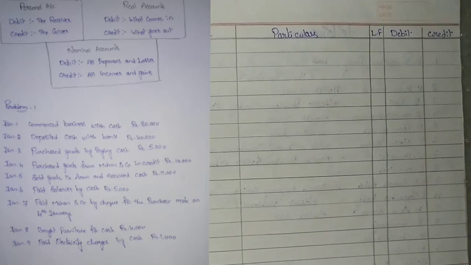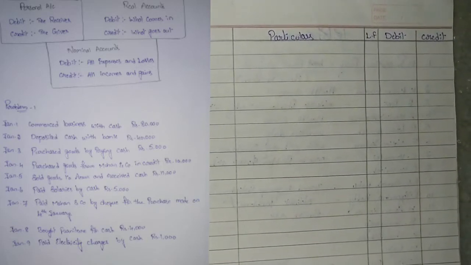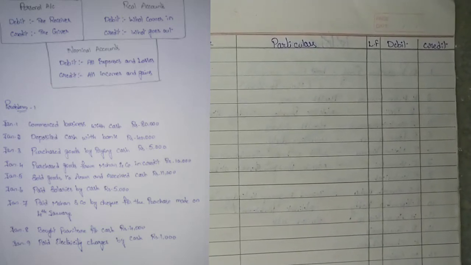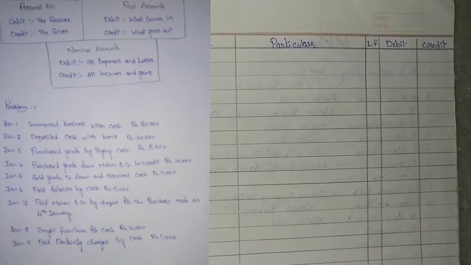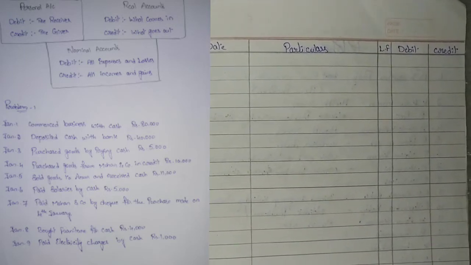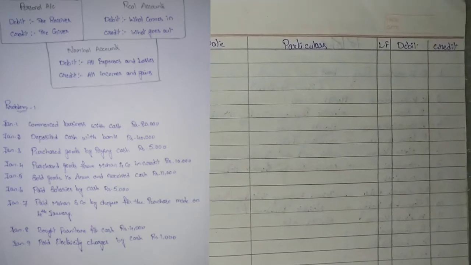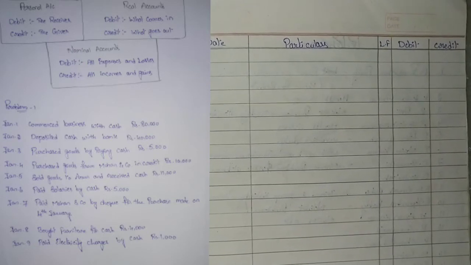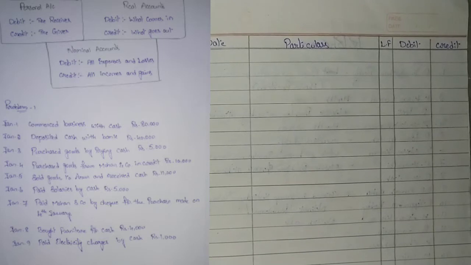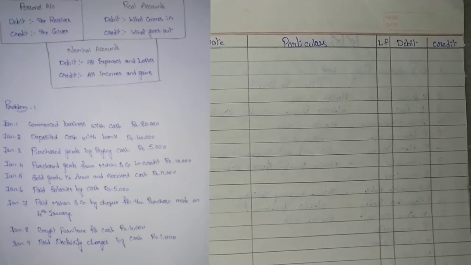So now we will see whatever the transactions given based on the rules of accounts, so that is personal, nominal and real account. So based on the transaction, that is first we should go for whatever the given transaction should be classified under which account it comes, whether it is a personal, real and nominal account. Based on that, we have to go for applying the debit and credit rules of that particular account.